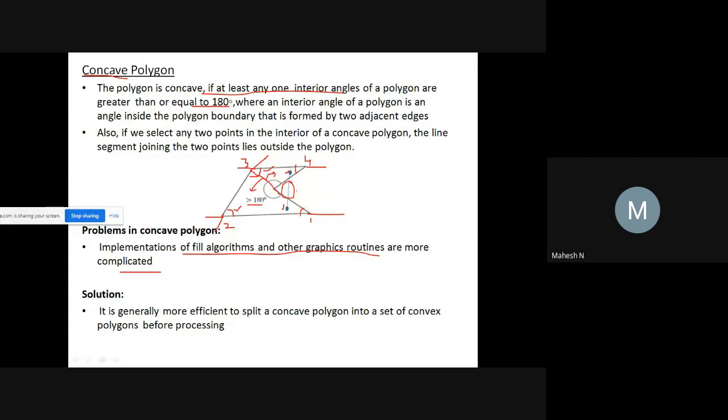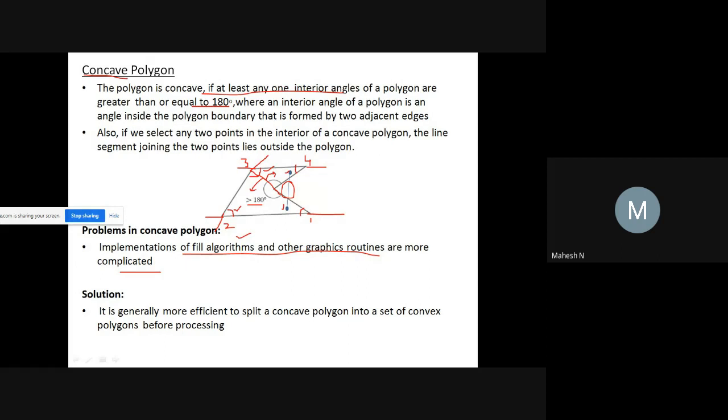That is the problem with the concave polygon. This may be another MCQ question: the problem with the concave polygon is that implementation of fill algorithms will be difficult.